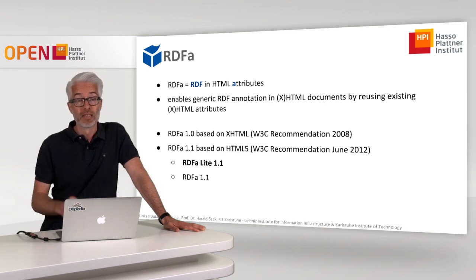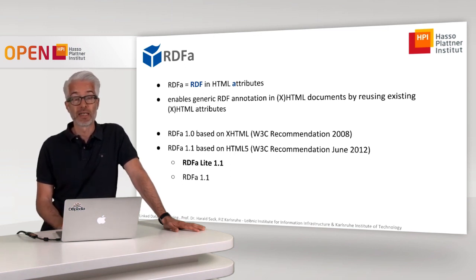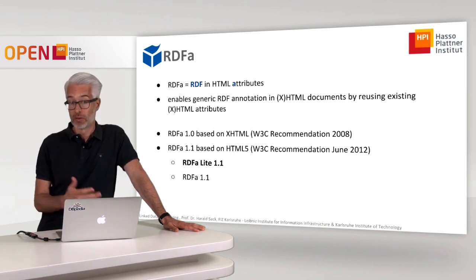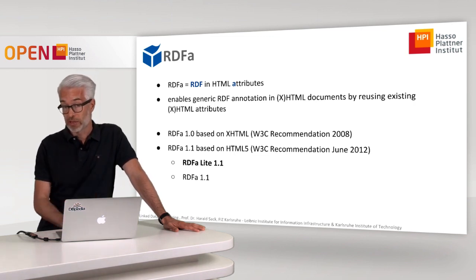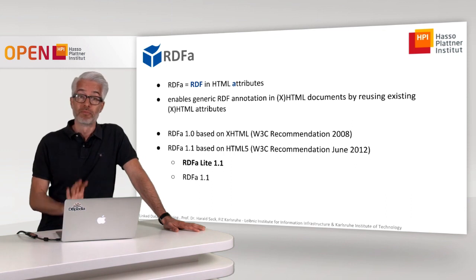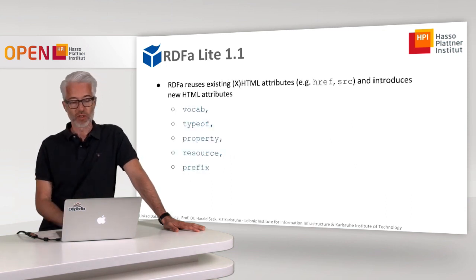The first version of RDFa, which is RDFa in HTML attributes, was issued in 2008, and it was refined in 2012 to RDFa 1.1. We will talk about RDFa Lite 1.1 because this is completely sufficient for our purposes. RDFa 1.1 offers a bit more flexibility, but for us, RDFa Lite 1.1 is completely sufficient.